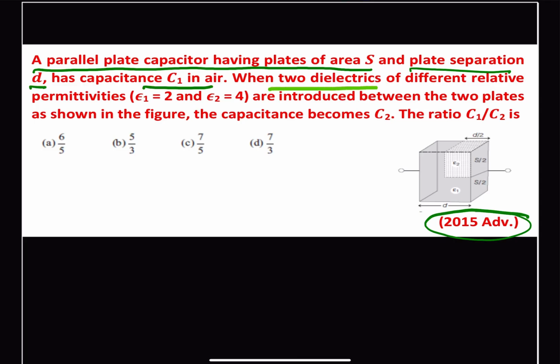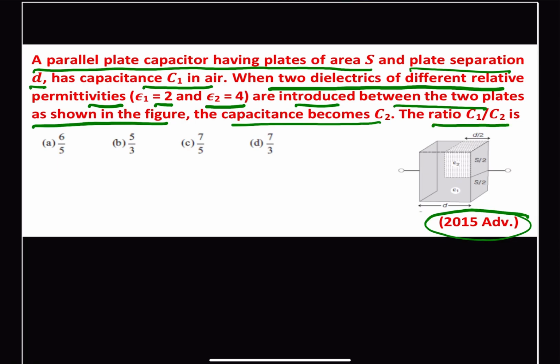When two dielectrics of different relative permittivities, epsilon 1 equals 2 and epsilon 2 equals 4, are introduced between the two plates as shown in the figure, the capacitance becomes C2. Then the ratio of C1 and C2 is. So a basic figure is given to us. Here we have two dielectrics, having dielectric constants E2 and E1.